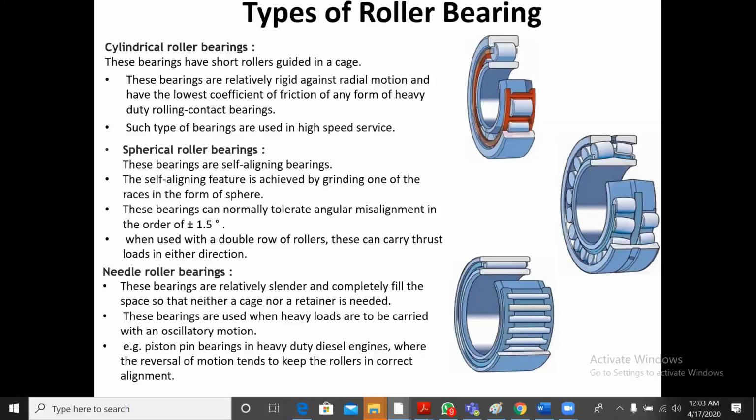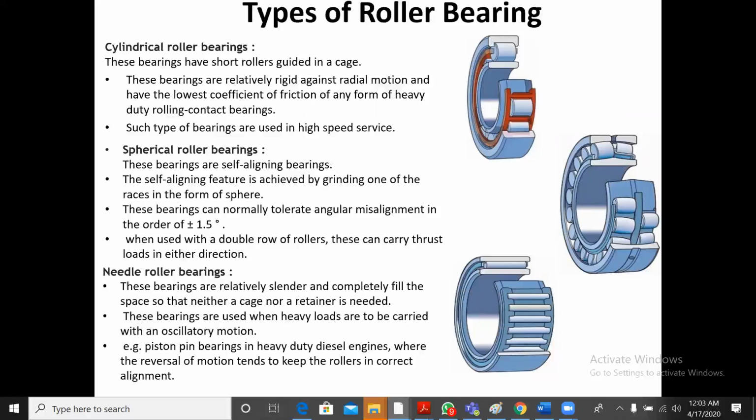So these bearings are relatively slender and completely fill the space, so neither a cage nor a retainer is needed. In such a bearing, a retainer ring is not there. These bearings are used when heavy loads are to be carried, because you can put a number of rollers, that means the load is distributed over a number of points. So such a bearing can carry higher load.